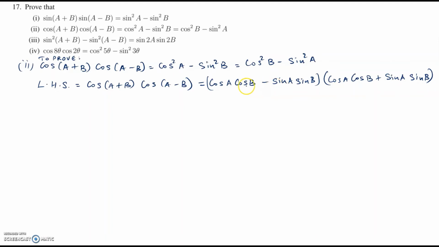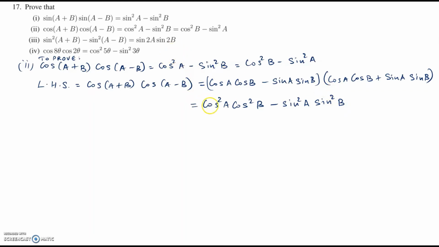So this is again in the form (a-b) into (a+b). So this will become cos squared a cos squared b minus sin squared a into sin squared b.